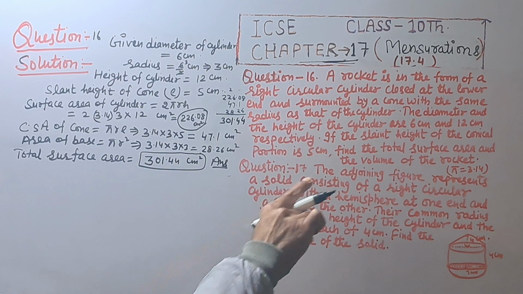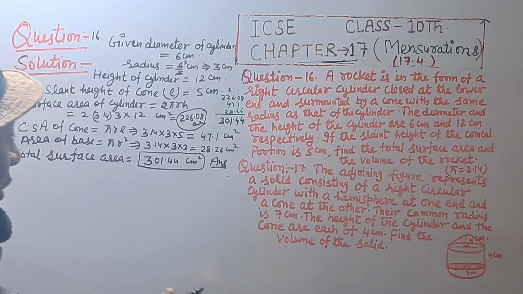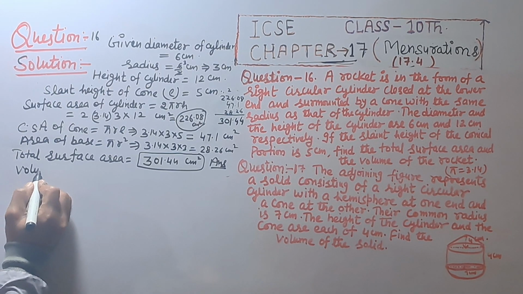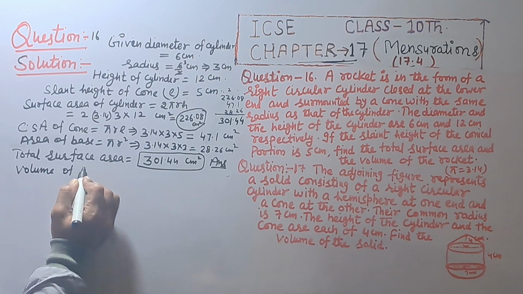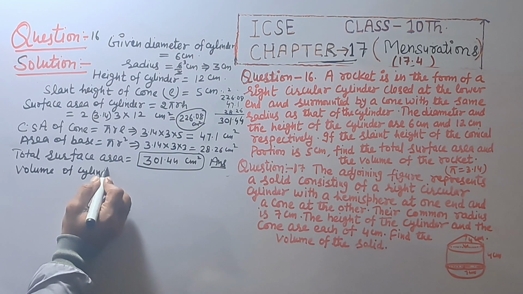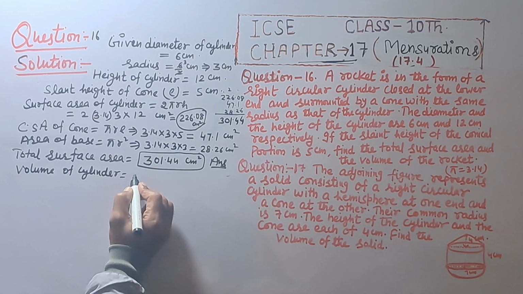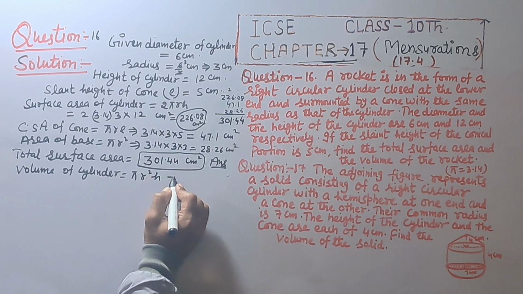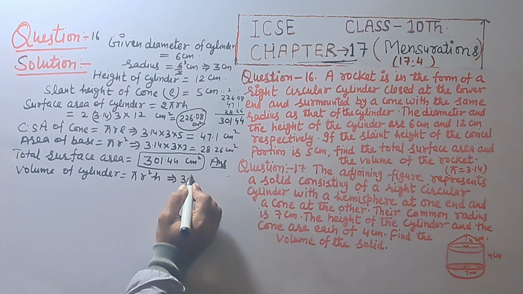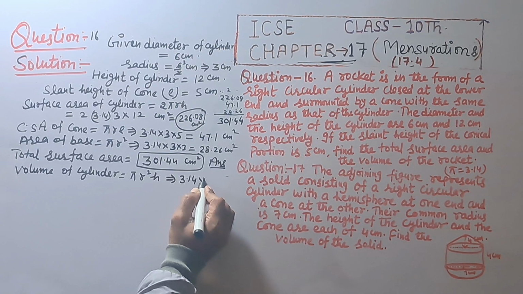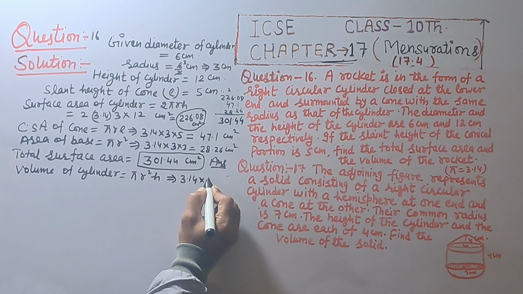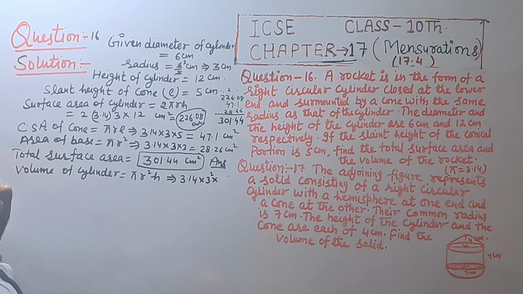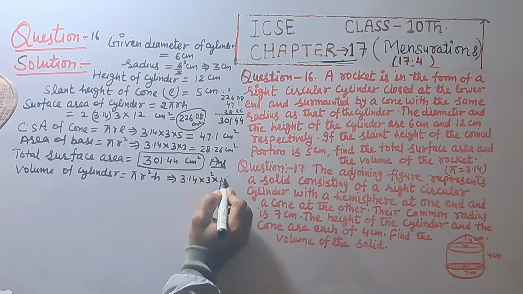Answer. And the volume of rocket. Volume of cylinder is equal to pi r square h, which implies pi is 3.14 into r is 3 square, and height of cylinder is 12.